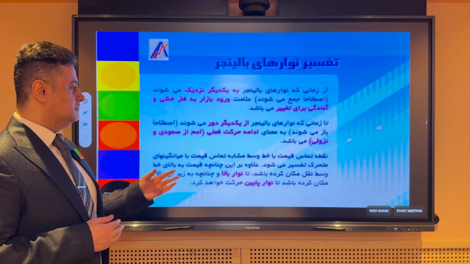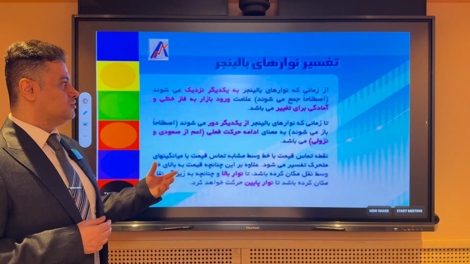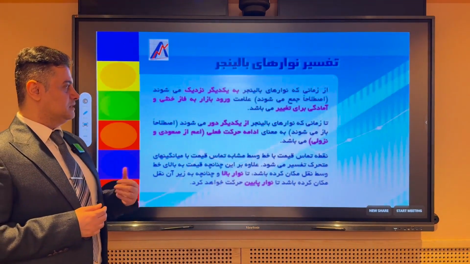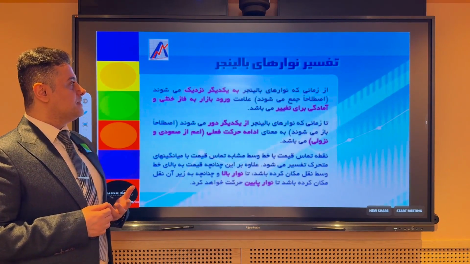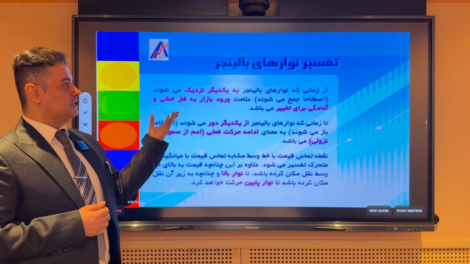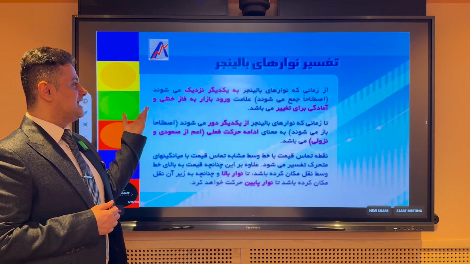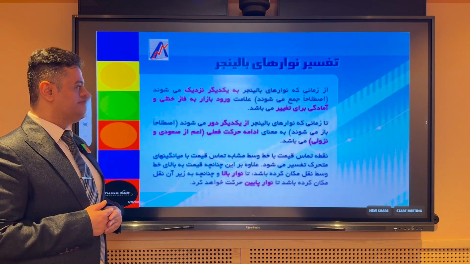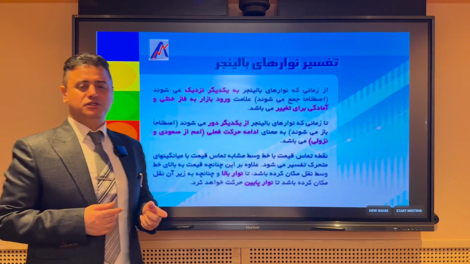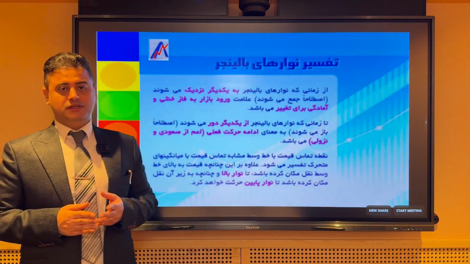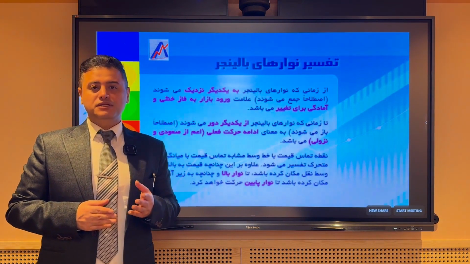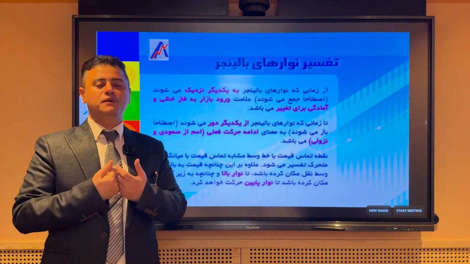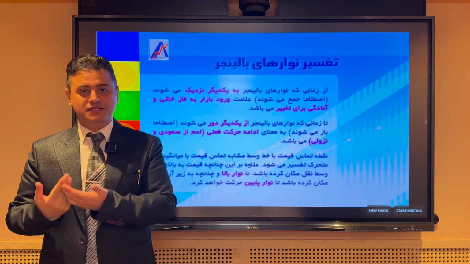In this slide, I have actually explained all the details related to this slide in the previous one, and we mentioned that when the Bollinger Bands come close to each other, it signals an entry into the market and a neutral phase. Let me give an explanation about this point. When the stock's price chart starts trending, it means it is moving from a neutral state towards having a trend.